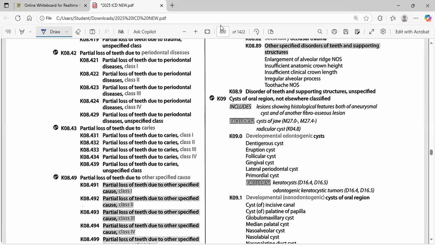So include notes are always listed after the category. These are known as include notes. So include notes are always listed after the category. The 3-character incomplete code is known as category.